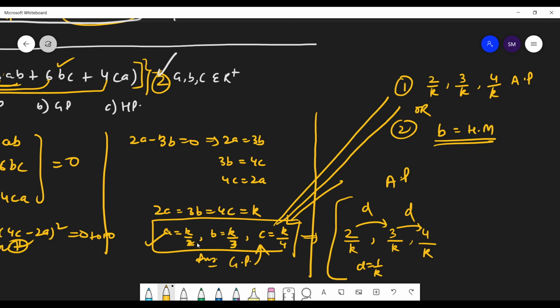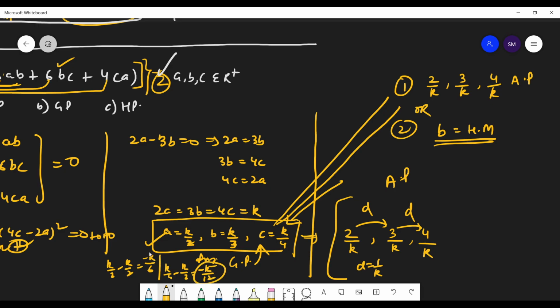Have you understood or not? You see this AP, what will you add? Look at their common difference: k by 3 minus k by 2, what will you be getting? Minus k by 6, and what is the common difference between k by 4 minus k by 3? So here you will be getting minus k by 12.